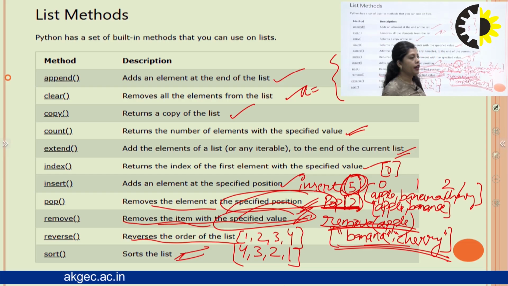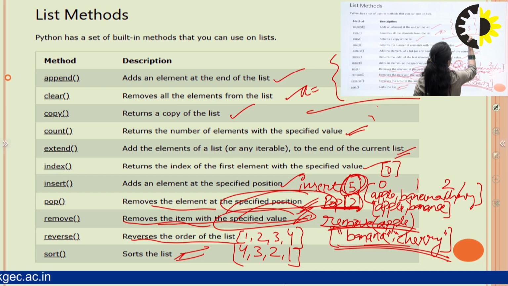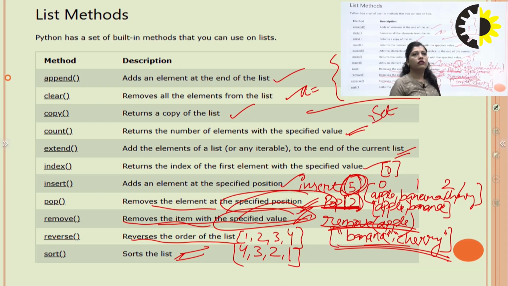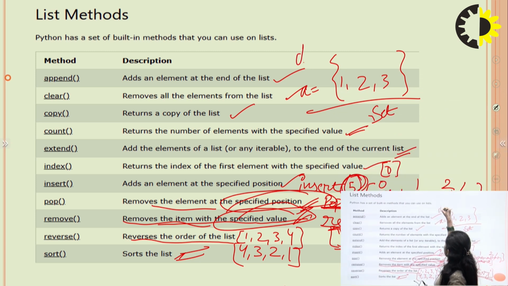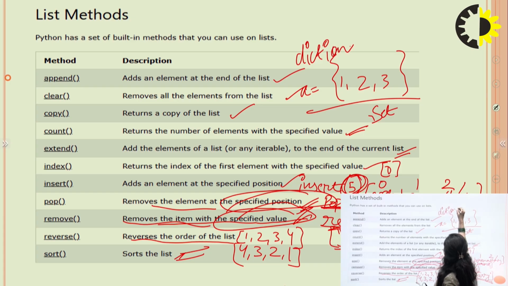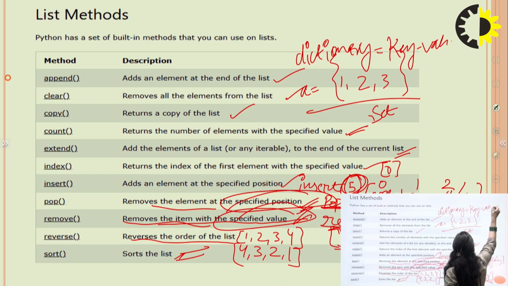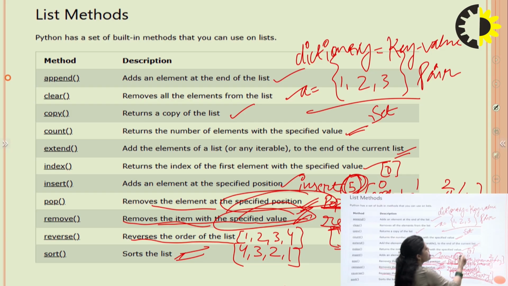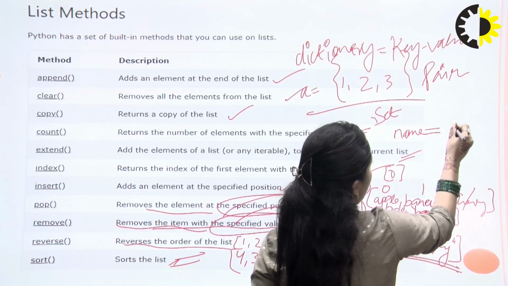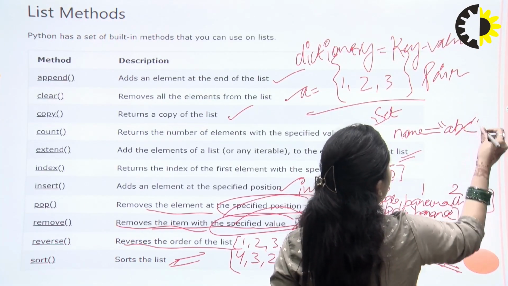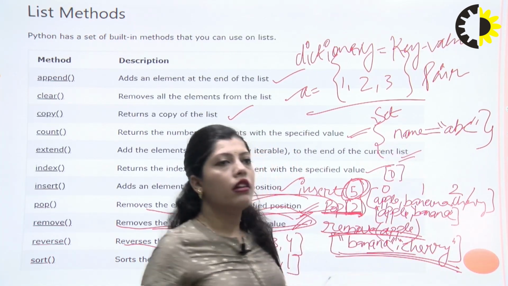This is called a set. And similarly we have a dictionary. In a dictionary, we have a key value pair, like name is equal to ABC. So this is the key value pair in the dictionary.